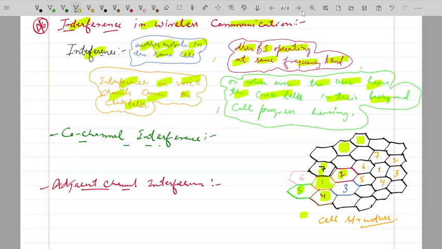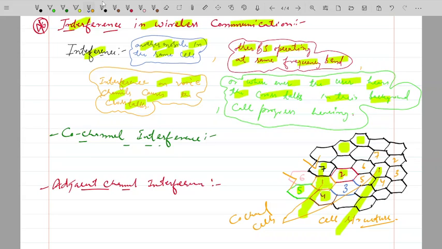So this middle and this middle are on the same frequency. These are also the same frequency, so cells with the same frequency in different clusters are the co-channel cells. This and this one are co-channel cells, and these neighboring cells are the adjacent cells.